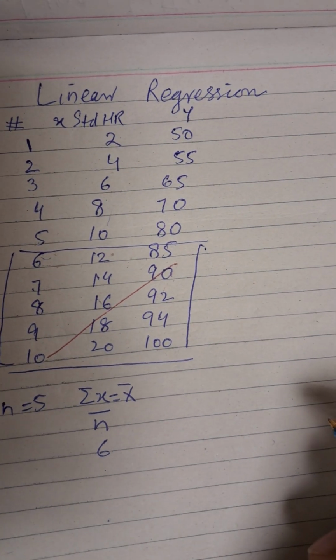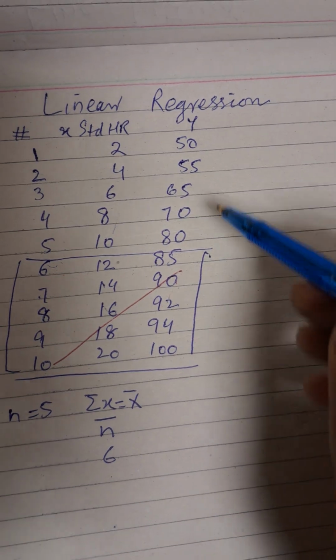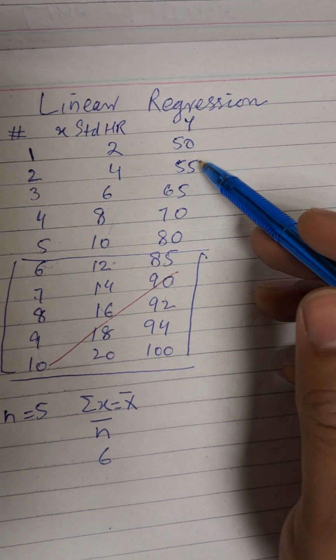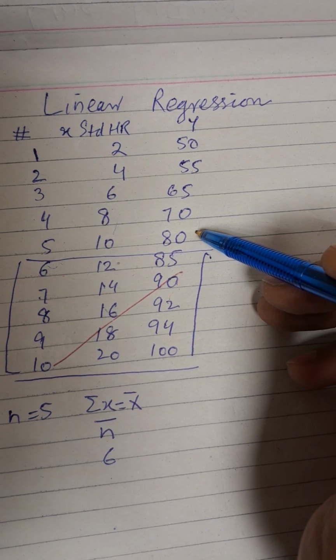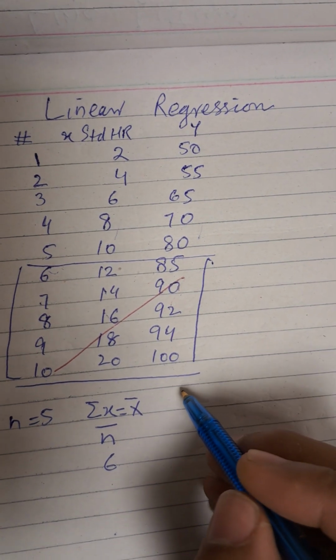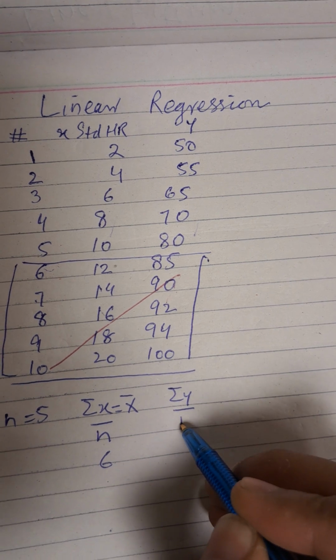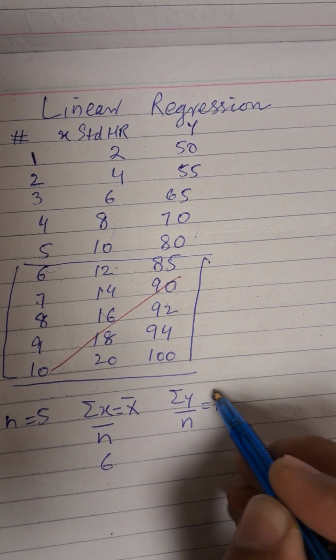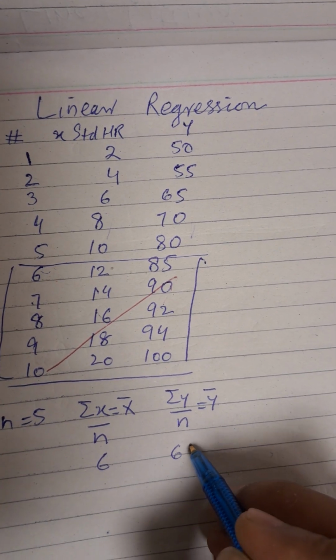At the same time, if we add the marks that the student obtained, that turns out to be sigma y by n. We represent that as y bar, the mean value, and that is 64.